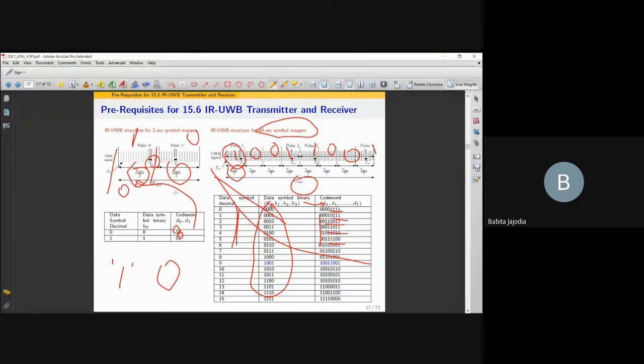It seems this is clear to everyone, and this clears up how you are designing the symbol mapper. The most important and interesting thing is that based on this symbol mapper only, you can design the transmitter as well as the receiver. So how does it come? You know TW is given, so a pulse needs to be transmitted here.